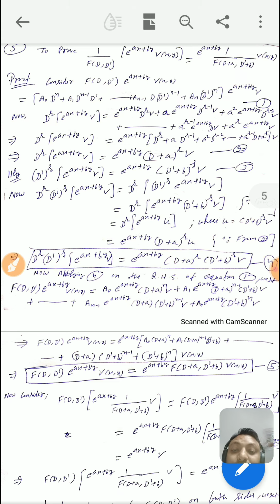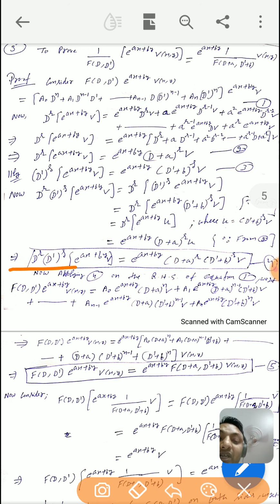And from the last equation, equation 3, we can substitute r is equal to 0 and s is equal to n for the last term when operating on e power ax plus by. So finally, operating these results, we will find this equation.